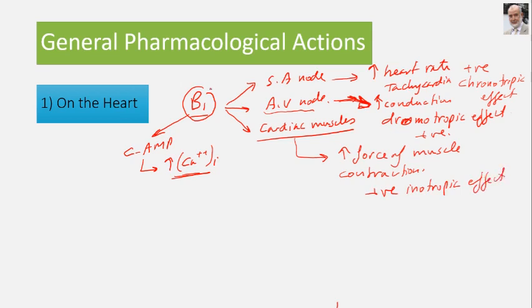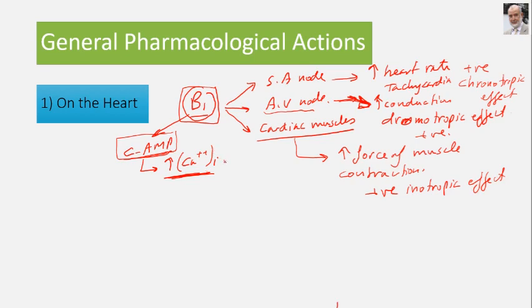So sympathomimetics, by acting on beta 1 receptors in the heart, which are linked to the Gs protein, will activate adenylate cyclase, which will result in the formation of the second messenger, cyclic AMP. Cyclic AMP will increase intracellular calcium through specific mechanisms we have talked about in a previous presentation.